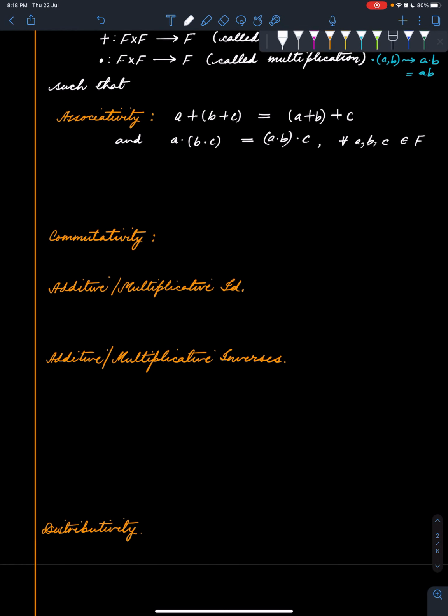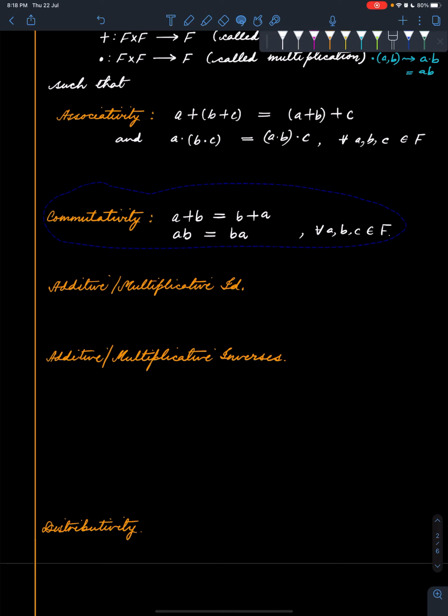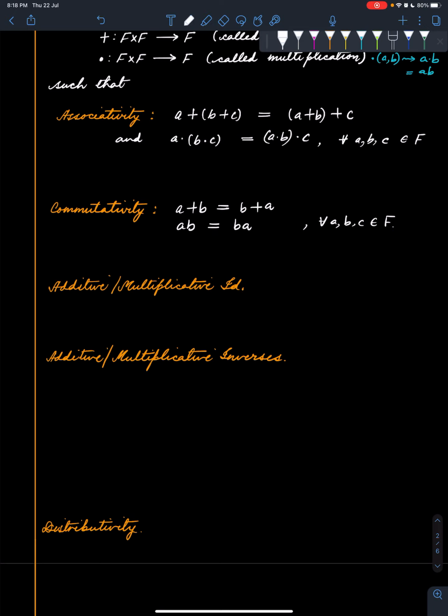And the second property is commutativity, which is that a plus b equals b plus a, and ab equals ba. Again, for all a, b, c in F. So that's one more property that we mimic from our natural numbers or integers or whatever.